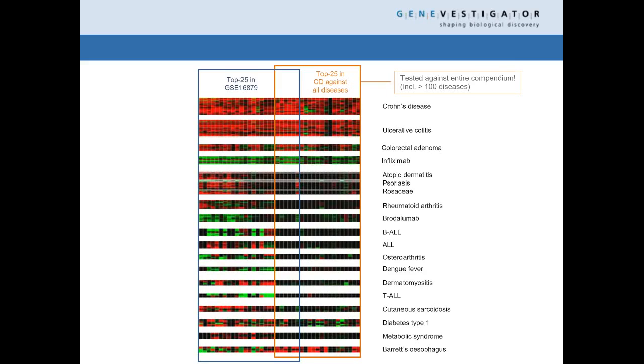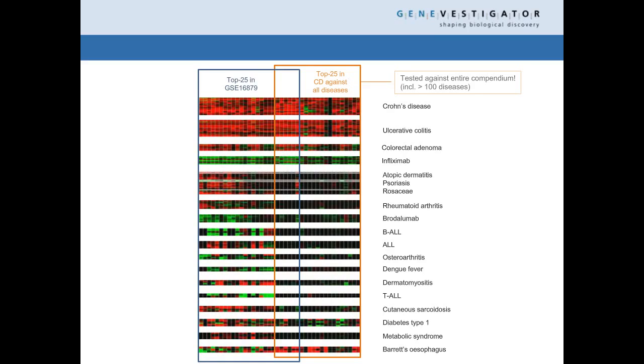We see the same results also in the top 25 genes that were found in our analysis where we screened for genes that are only or maximally expressed in Crohn's disease and minimally expressed elsewhere. But now, since we had been screening for genes that are specific for Crohn's disease, if we add other diseases, as I have added here, these are not all that we tested.